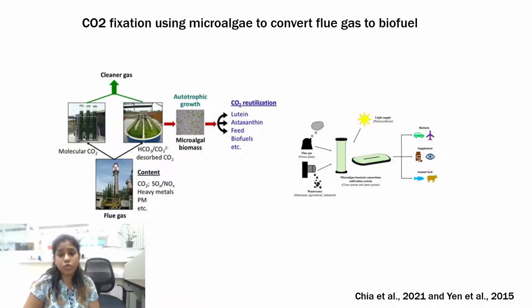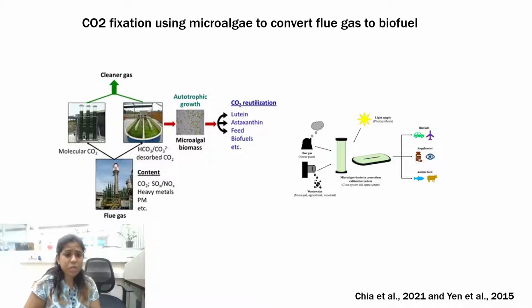But this flue gas or synthetic gas is often released into the environment and mixes and becomes greenhouse gas, and causes harm to people, to the environment, to animals, plants, and everything in the environment. So flue gas is a major issue, and releasing cleaner gas is something all the industries should take up and look at. And microalgae is one of the solutions that many industries have now employed to convert flue gas into biofuel.